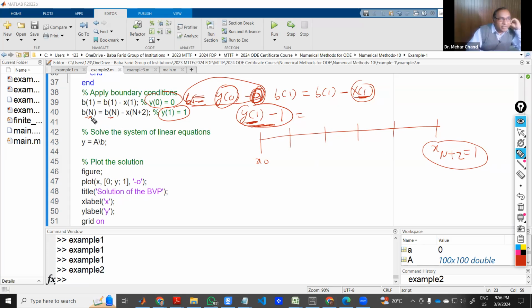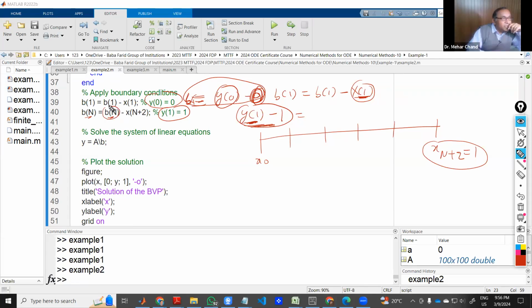We are giving 0 value to all b. We initialize the vector b to 0. So here bn is 0 and minus xn plus 2. Xn plus 2 is 1. So 0 minus 1. That is the value of the new bn.